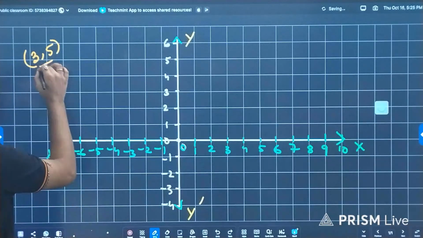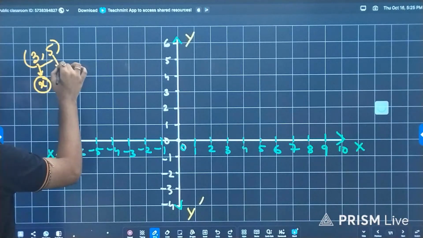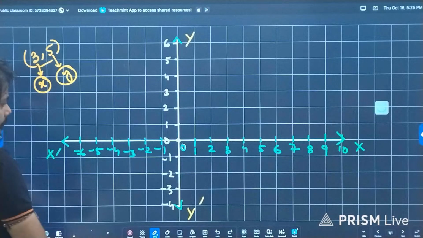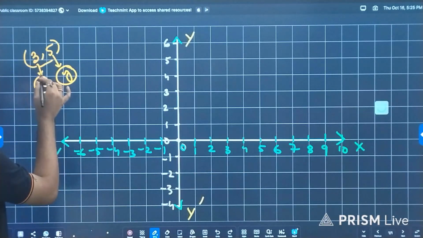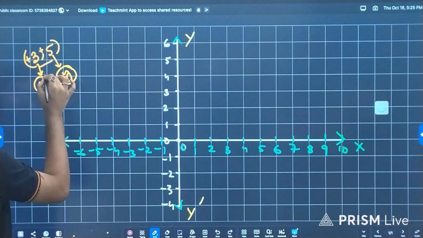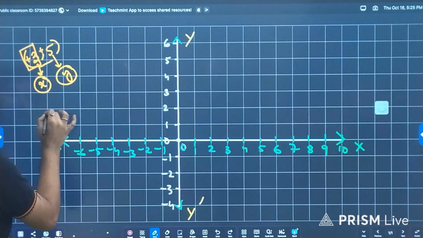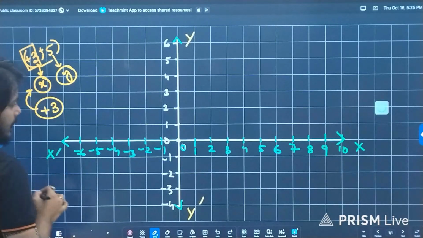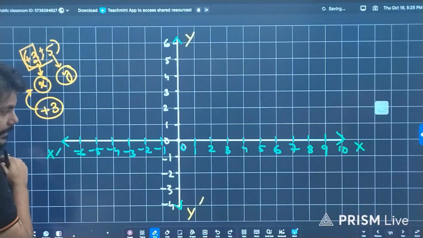This 3 simply denotes the value of x and this 5 simply denotes the value of y. As x is the horizontal line and 3 and 5 both are positive, first look at this 3, plus 3, that is the value of x. Plus is the right side, minus is the left side.